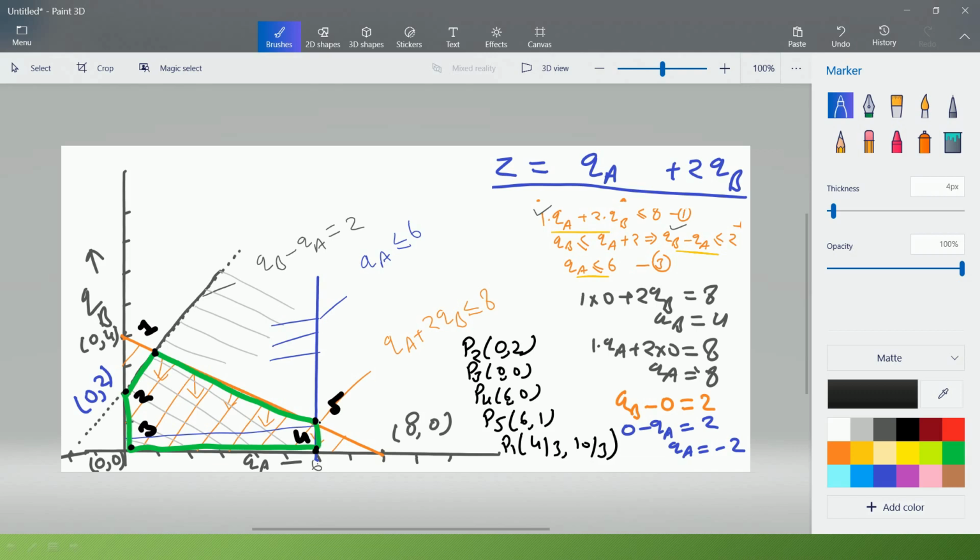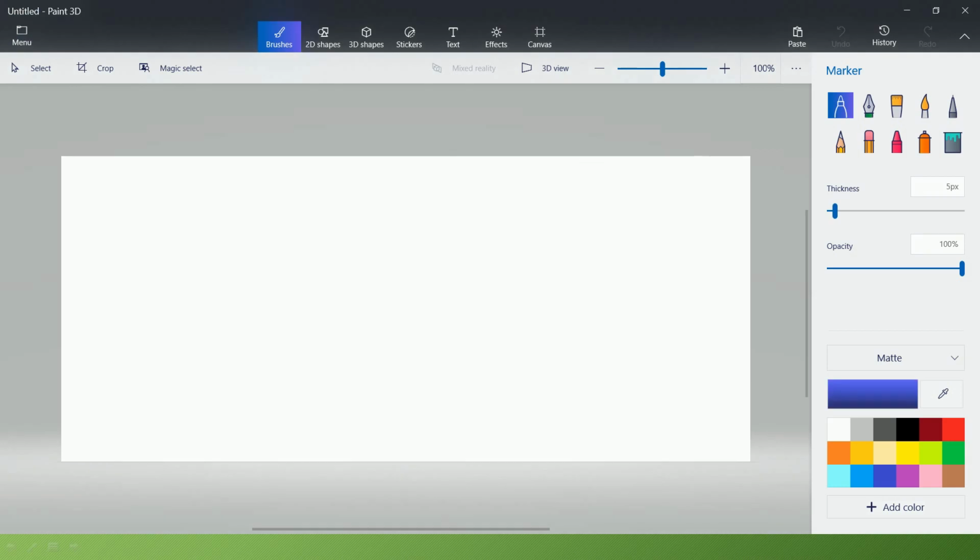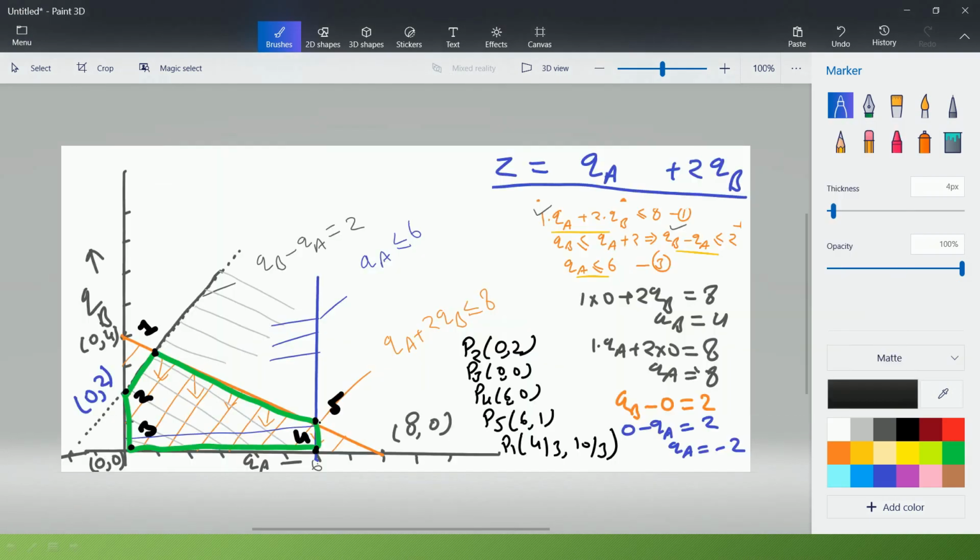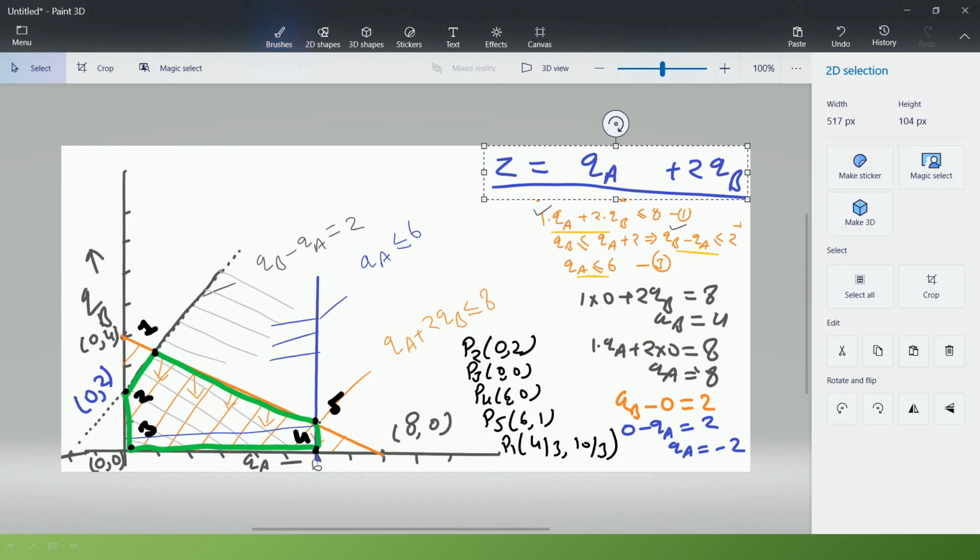Okay, now we will put these 5 values on this equation and we will check the profit. So the point which will give the maximum value will give us the maximum profit. Okay, so let me just copy and paste our objective function first.